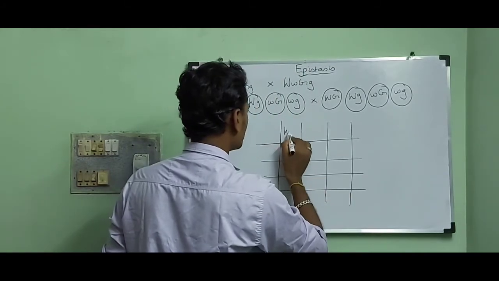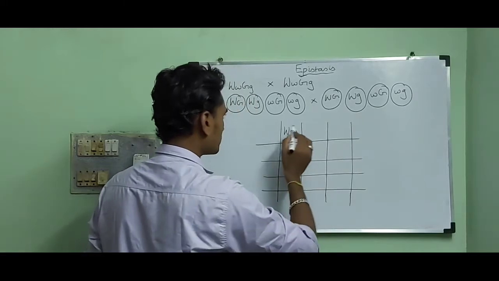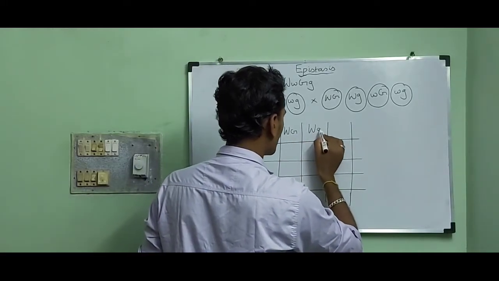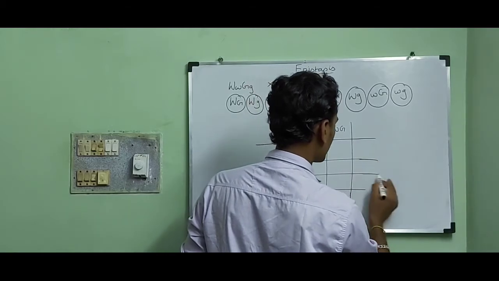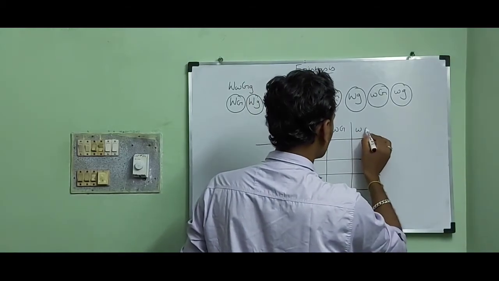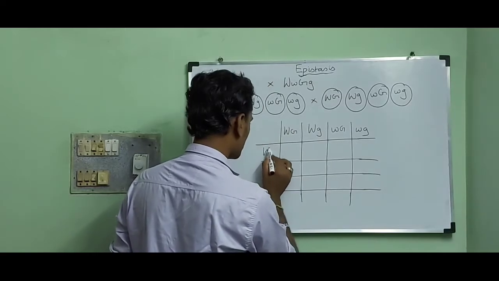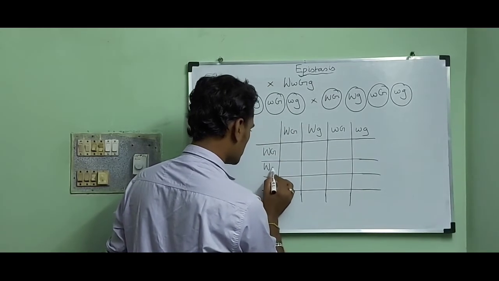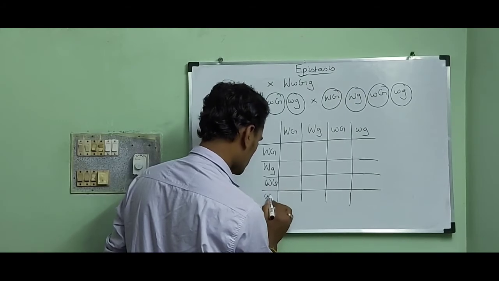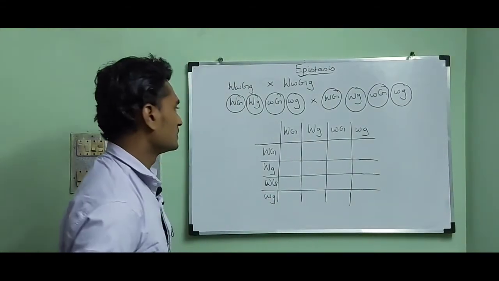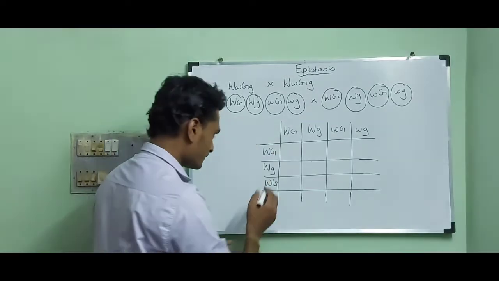So capital G, capital W, capital G, capital W, small g, small w, capital G, small w, small g. Here capital W capital G, capital W small g, small w capital G, small w small g. Then the fusion of gametes takes place.